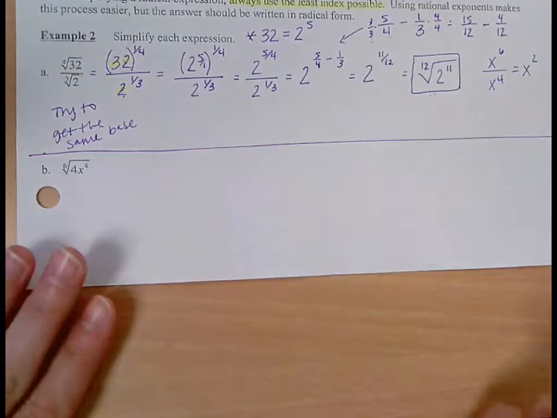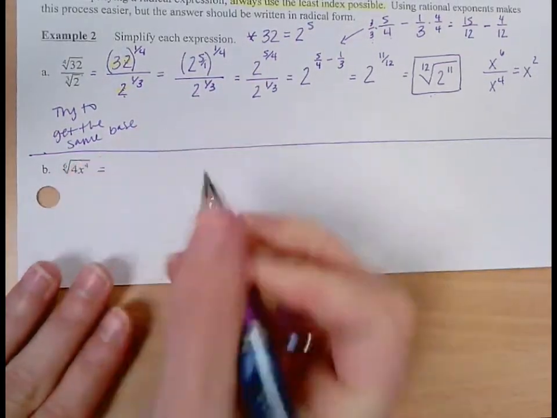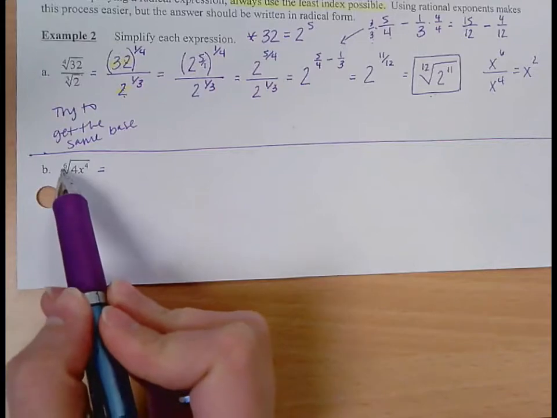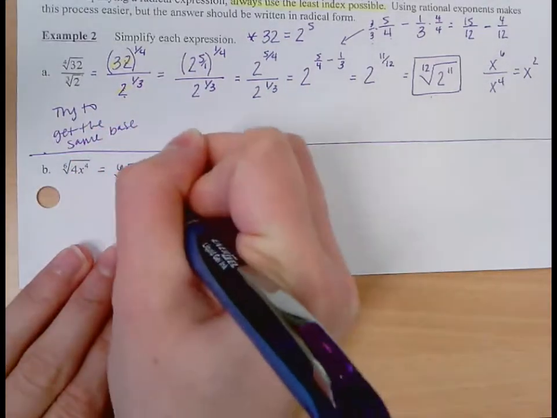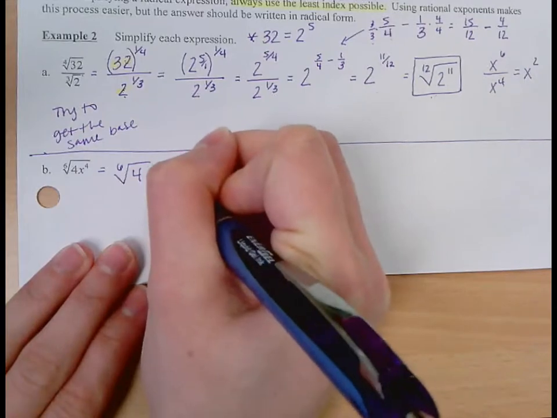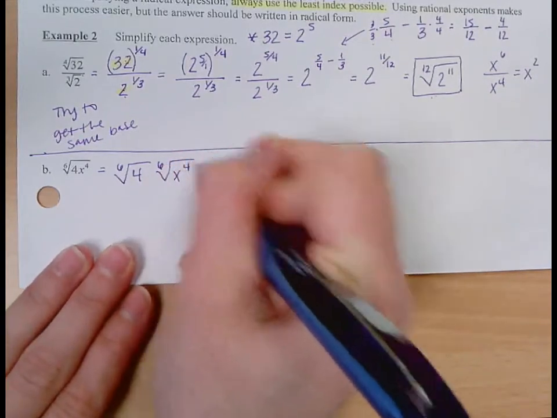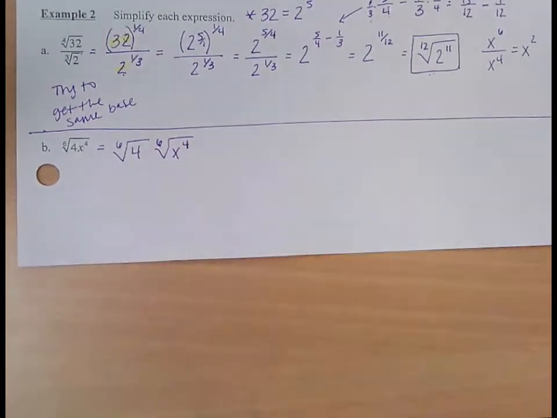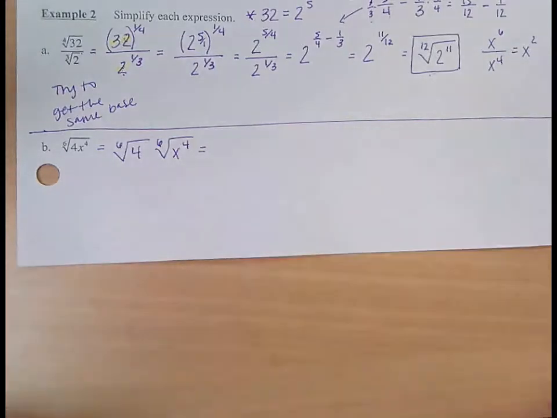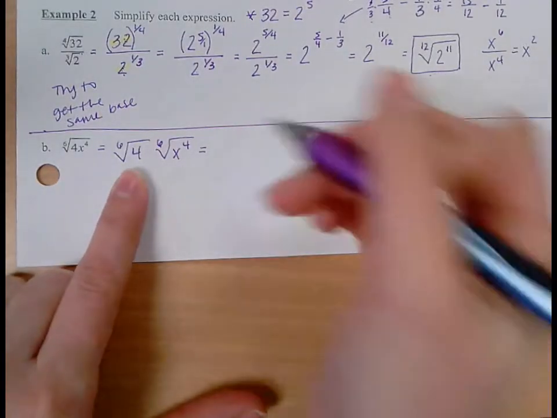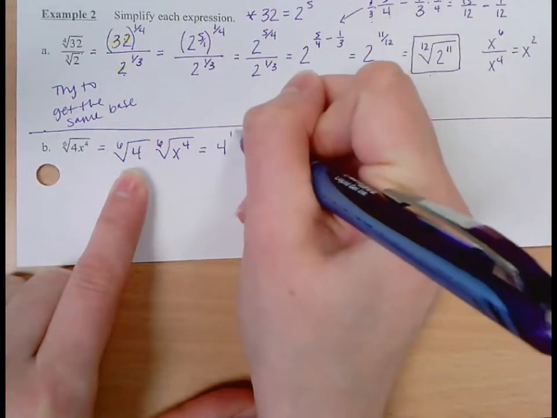There is a way to simplify this in terms of making this index a smaller index. And we can use exponents to help with that. So first I'm going to break this apart. This means I have the sixth root of 4 and the sixth root of x to the fourth. And that means I can write each of these in exponential form. So the sixth root of 4 would be 4 to the 1/6.